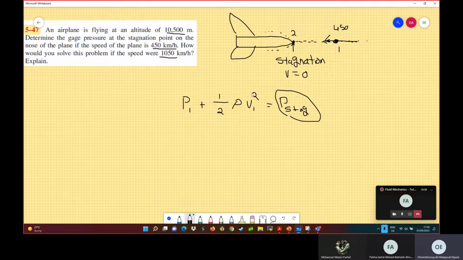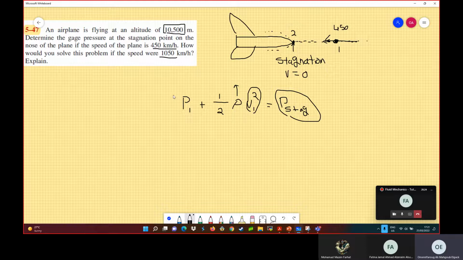I have the free stream velocity, which is 450, and what's also given is the altitude of the airplane, and you can find the density at that altitude. If you just go to Google or maybe in the appendix, you can find the density of the air at that altitude.